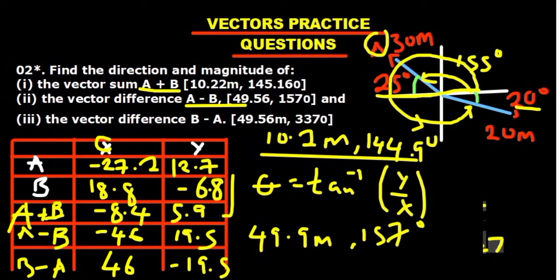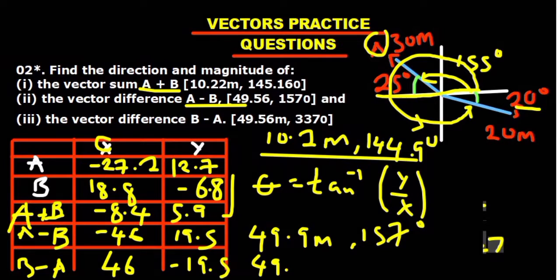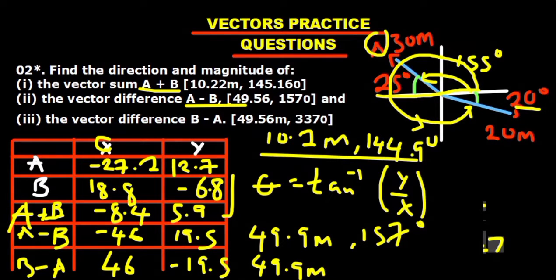So basically, if you do it, you find the same magnitude. 46 squared plus 19.5 squared, you find the same 49.9. Then how do you get to find the angle? You ignore the signs again. So 19.5, which is your y, according to this formula, divided by the x, 46, tan inverse of that, you have 22.9. But you need to find the actual angle.